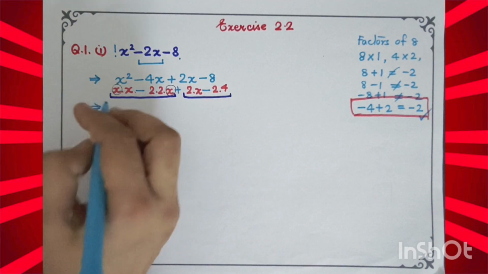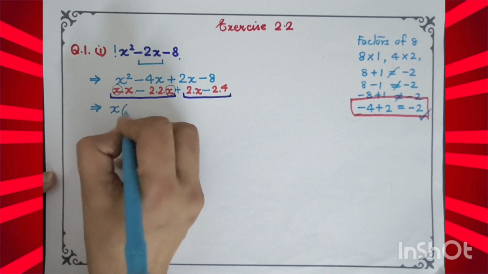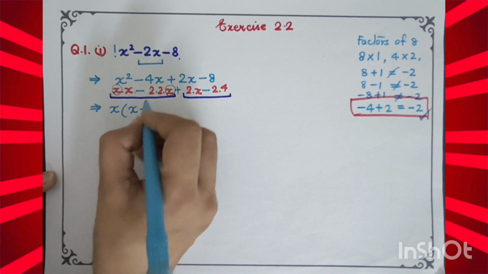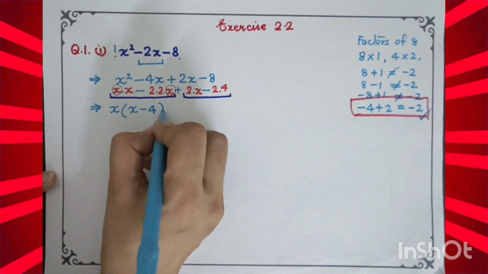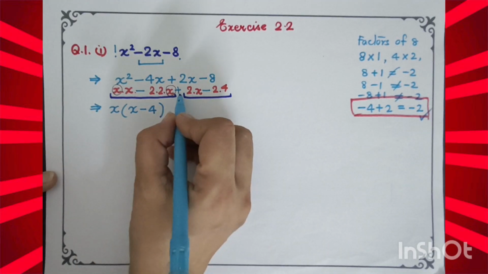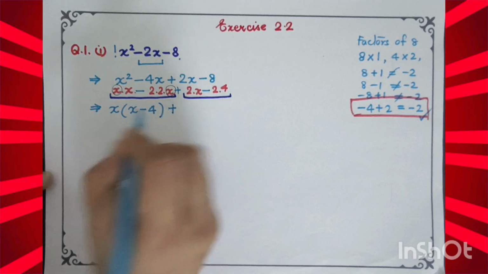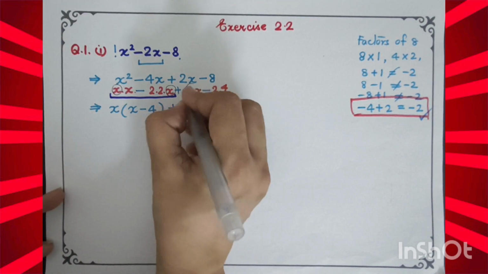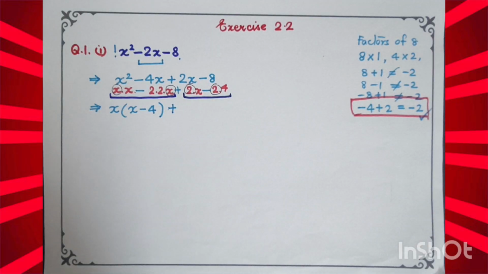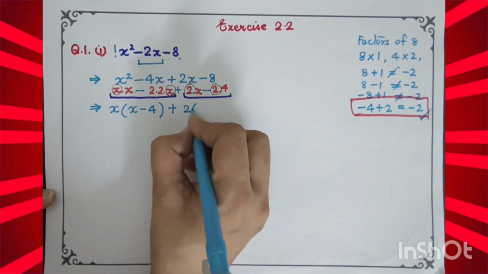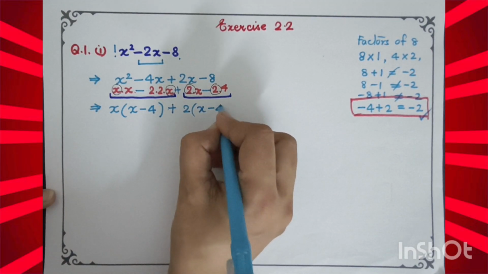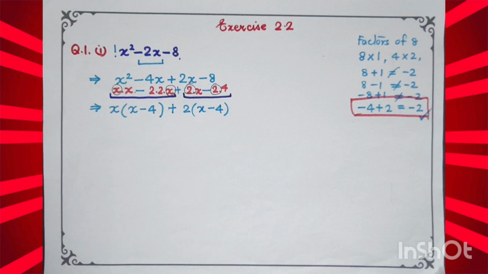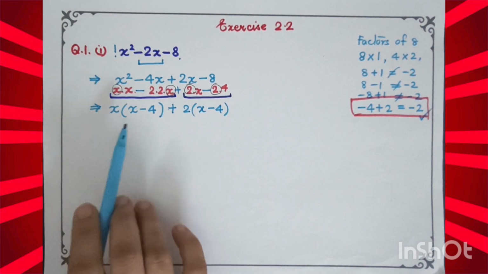Our first term is going to be x, and then we keep the rest inside the bracket: x minus 2 into 2, that is 4. Now there is a plus sign between those two pairs. Again in the third and fourth terms, we have 2 common. So we take 2 outside and x minus 4 goes inside the bracket.